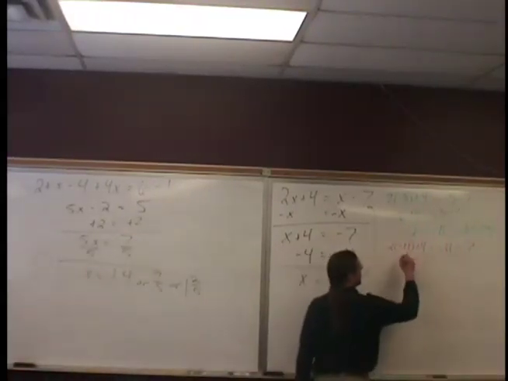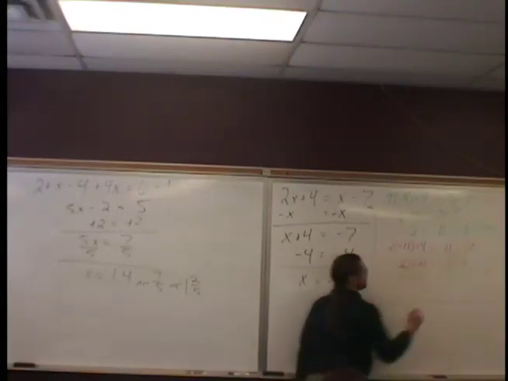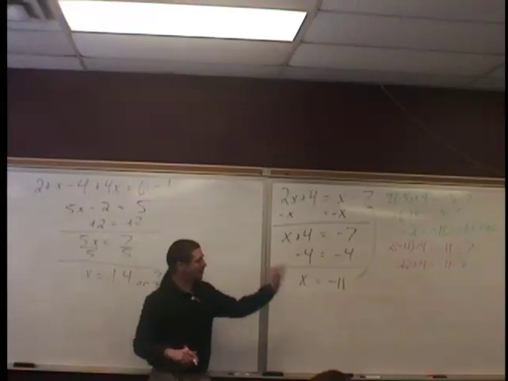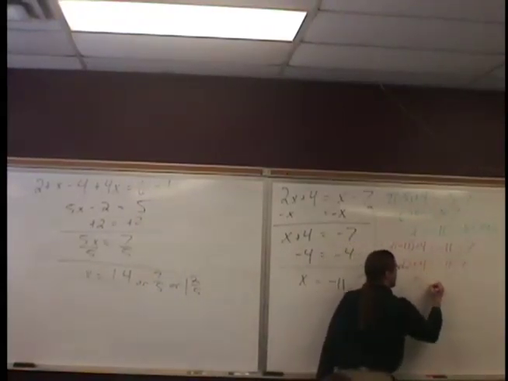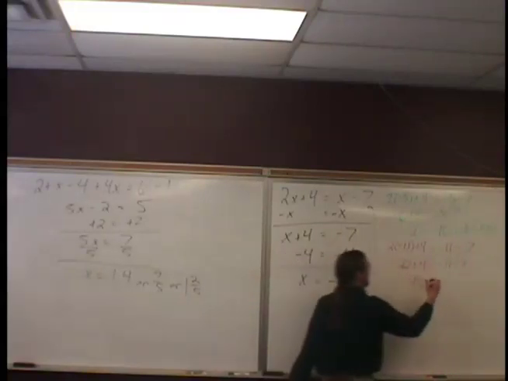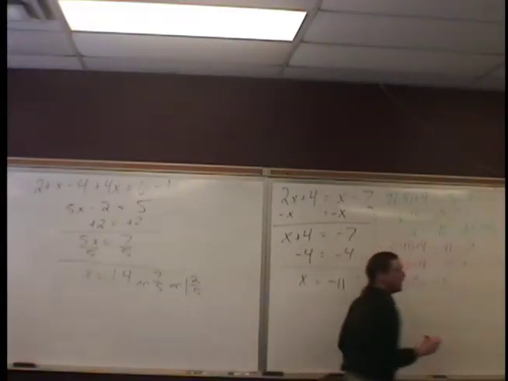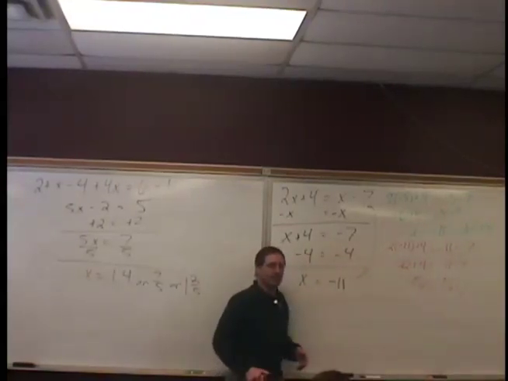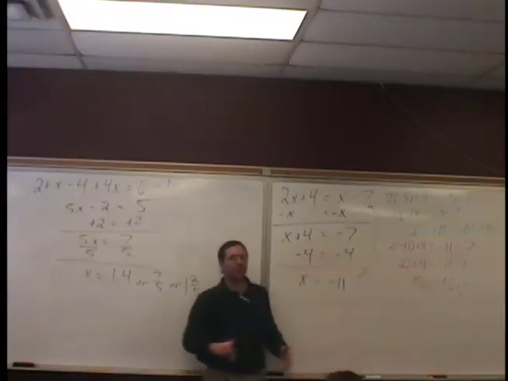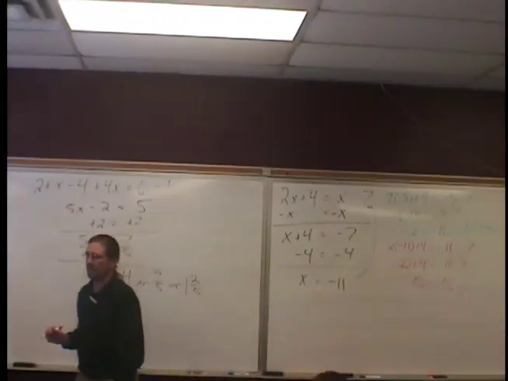Again, you're careful, do your multiplication. Now do your addition and subtraction. -22 plus 4, -18, -11. Yes! You give it the check mark, and you get to do an extremely happy dance, right? Because now your check worked, and you're pretty happy that the solution is x equals -11, all right?